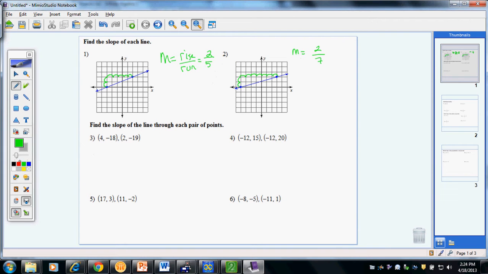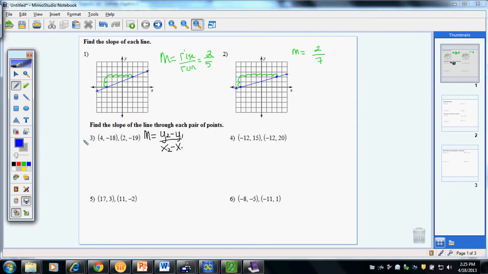Now in this case right here, we're looking for the slope between 2 points. Again, the slope between 2 points is y2 minus y1 over x2 minus x1. Let's go ahead and label these real quickly.